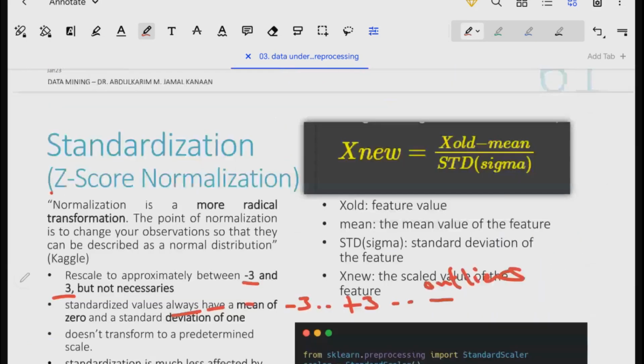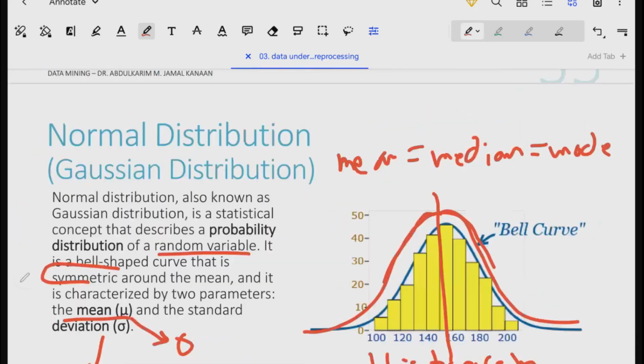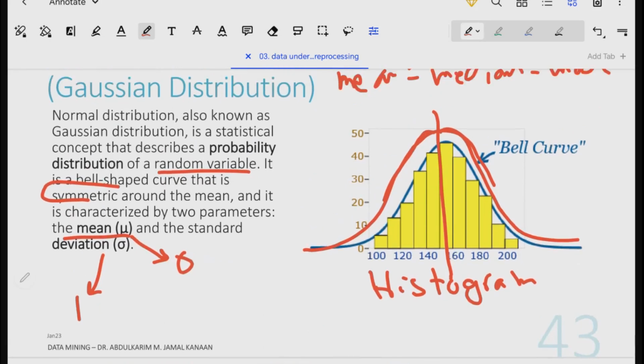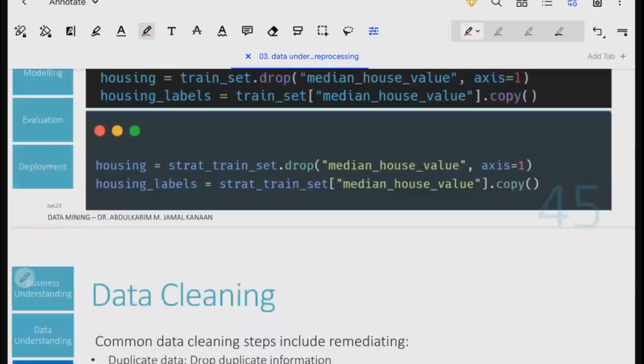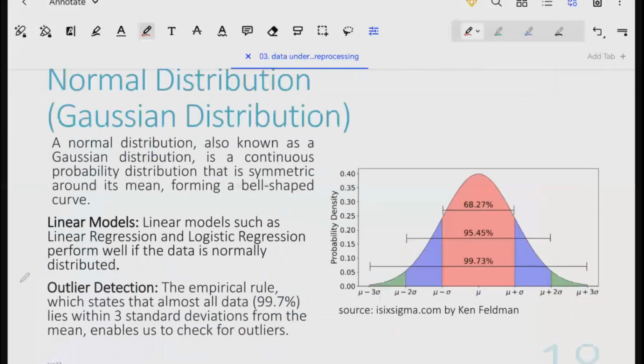Why? Because if you remember back to the normal distribution, since it has changed the distribution to have a mean of 0 and a standard deviation of 1, right? If you remember from another figure during data understanding, I think there was one figure talking about the normal distribution. All right. So if you check here, what it says: mean, and then mean plus 1 standard deviation, mean plus 2 standard deviations, mean plus 3 standard deviations, right?